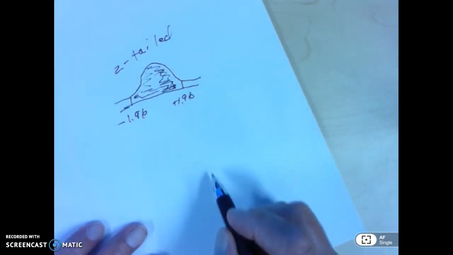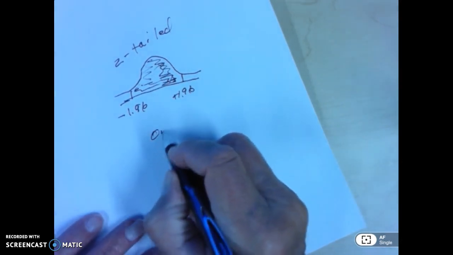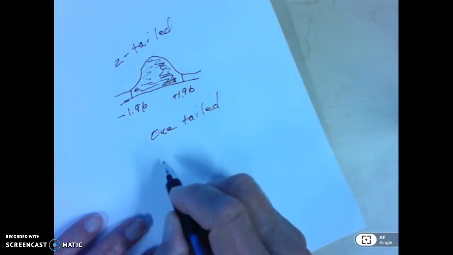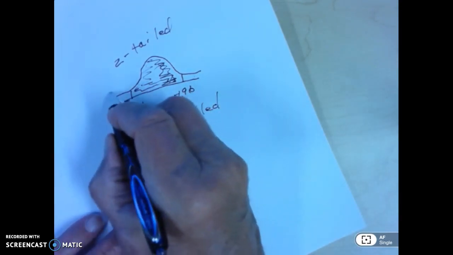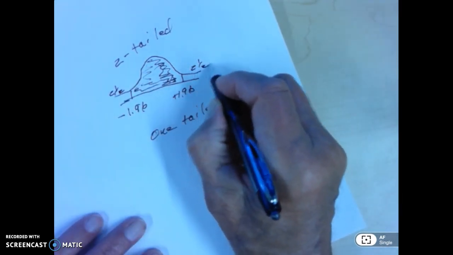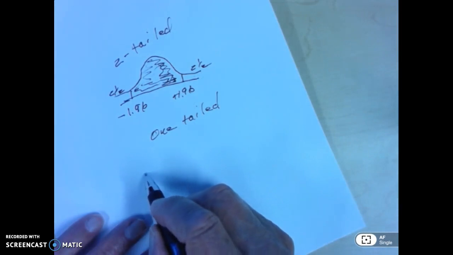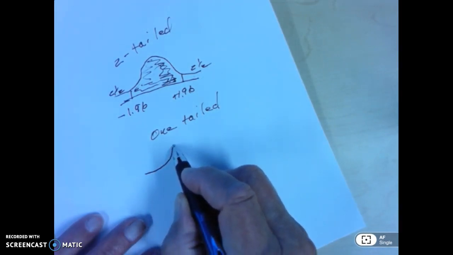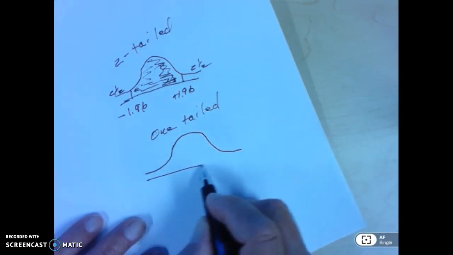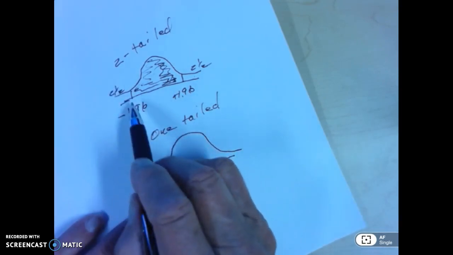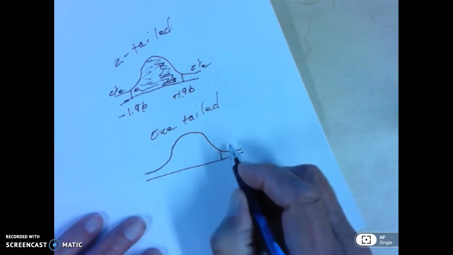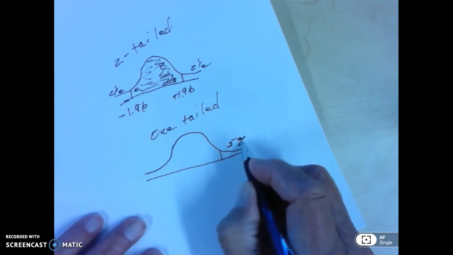Now, if we have a one-tail test, that means that instead of having 2.5% in this area and 2.5% here in this area, I'm going to draw another one of my wonderful normal curves again, we take the 2.5% from here and 2.5% from here, and we put it on just one end, and that is 5%.